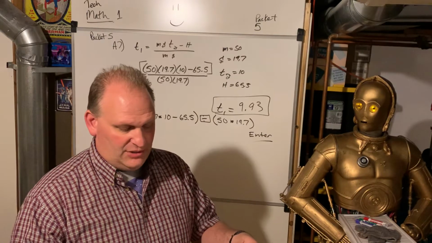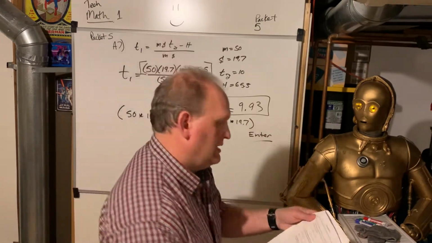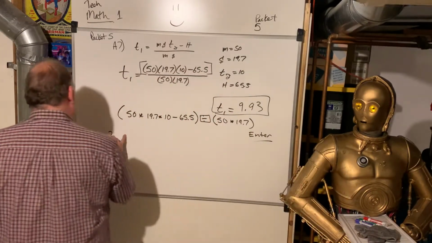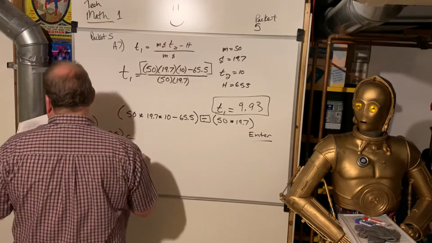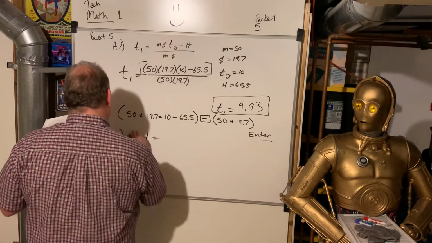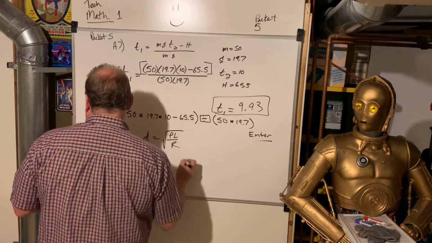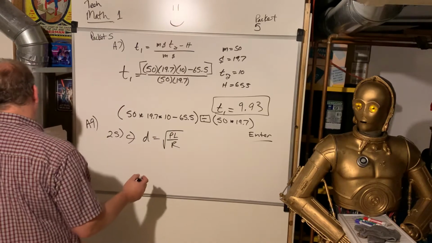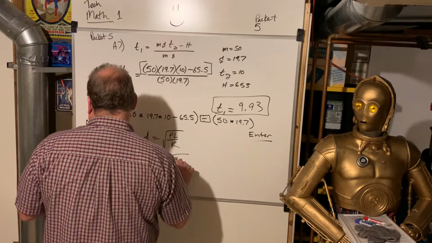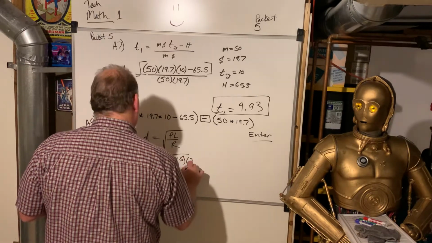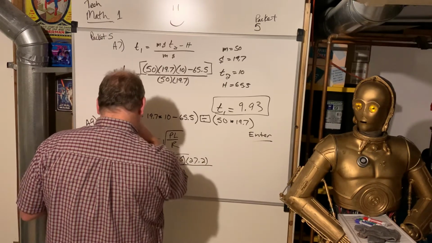Let's jump into square roots. How about square roots like on A9? Let's look at 25C. That's on A9 on the bottom of the page. So D is equal to the square root of PL over R, and then they give you everything except for D. So they tell you P is equal to 14.5, L is equal to 27.2, and R is equal to 18.8.